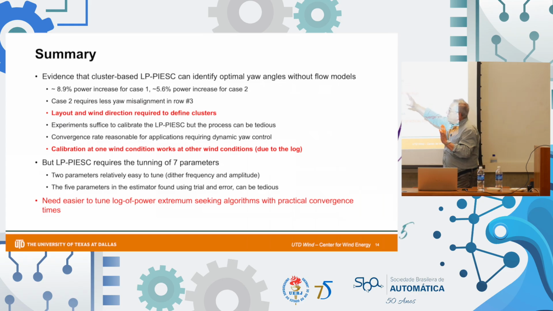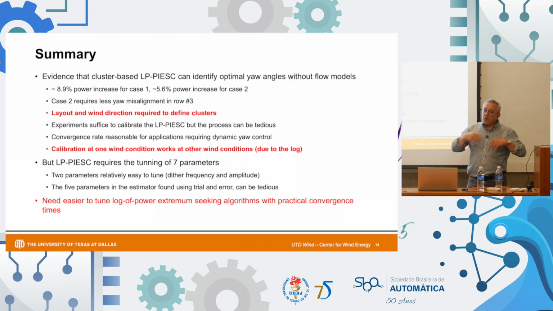Experiments are enough to do the calibration, but they are tedious. The students that did those went to the wind tunnel and spent quite a bit of time to get all the parameters right before we did the experiment. And I think that's an area of improvement for future versions of Extremum seeking. Convergence rates are very reasonable.